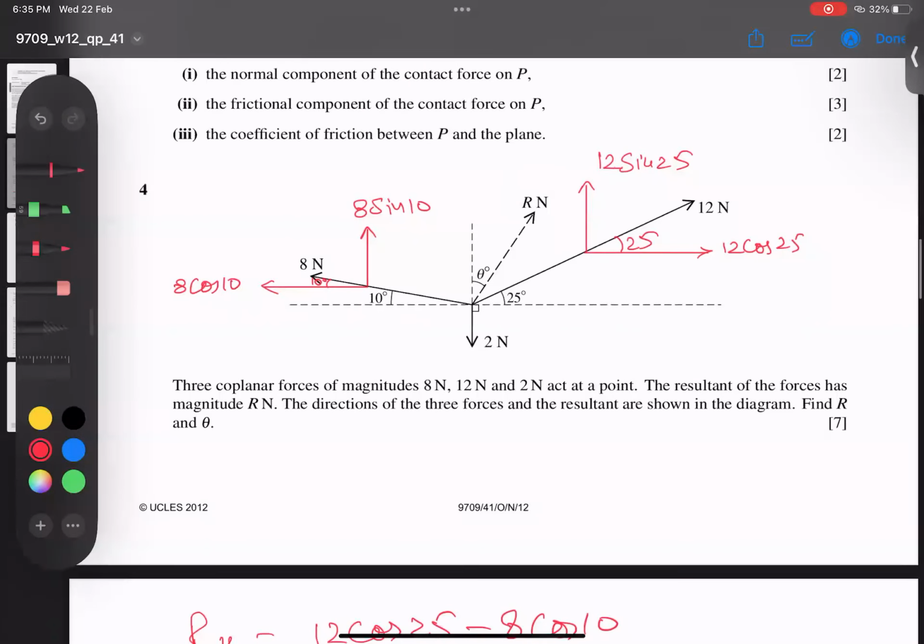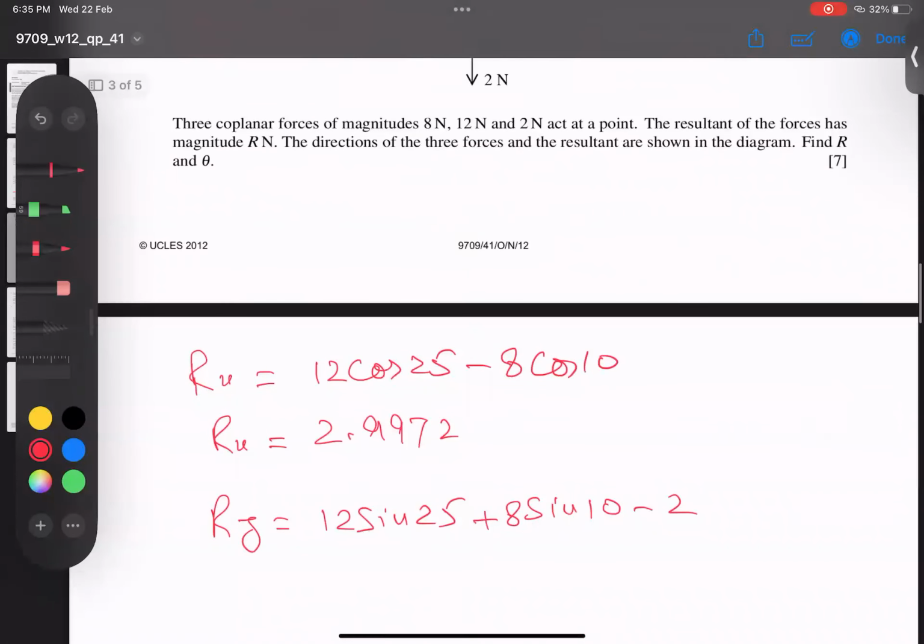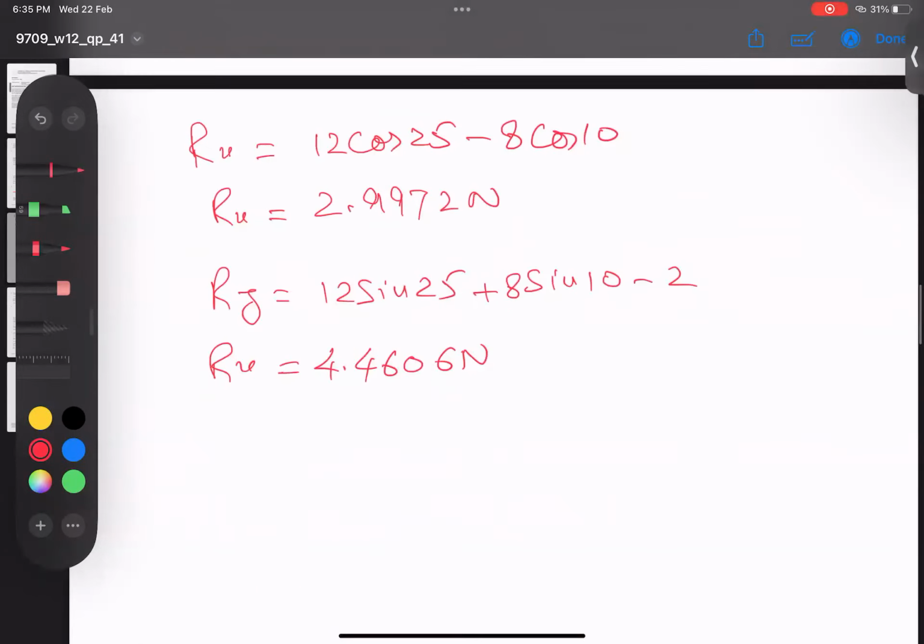Recheck: 12 sin 25 plus 8 sin 10 minus 2, correct. I'm typing in the calculator, 12 times sin 25 plus 8 times sin 10 minus 2, and I'm getting 4.4606 newtons.